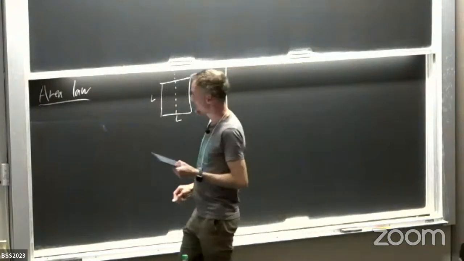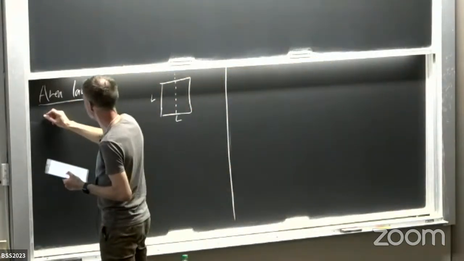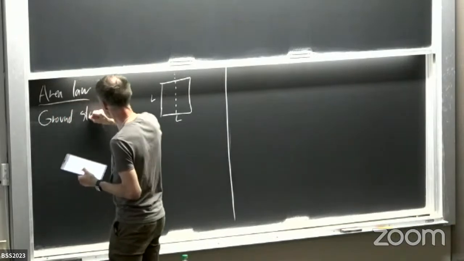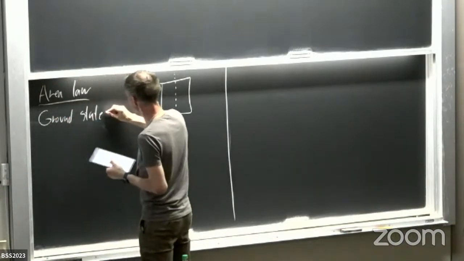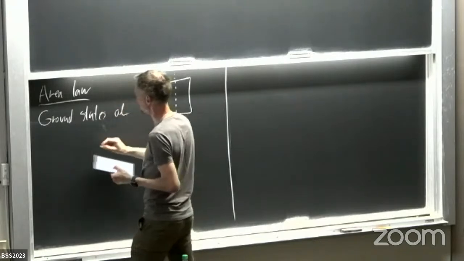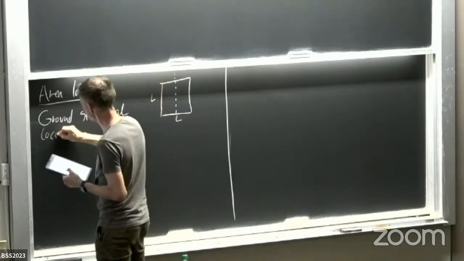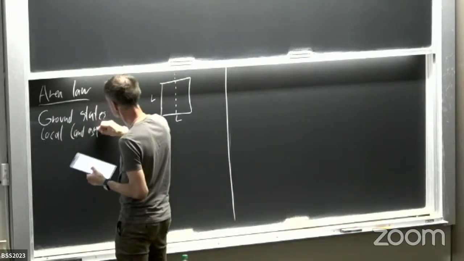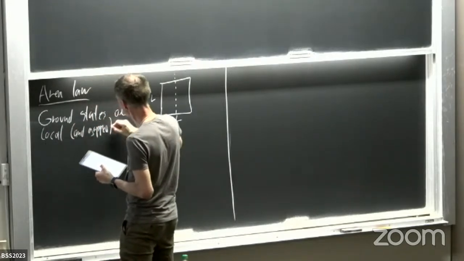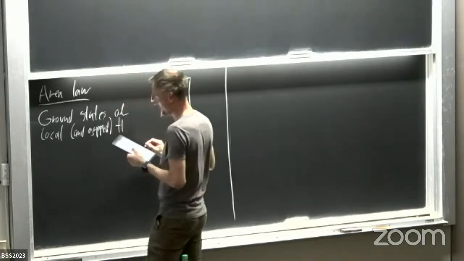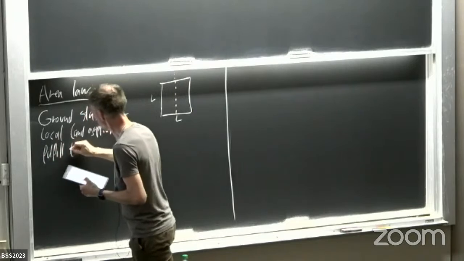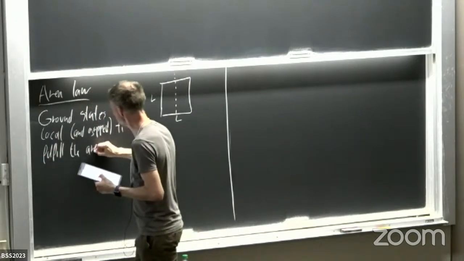And what we're going to find, and this is the area law, is that ground states of local and gapped Hamiltonians fulfill the area law.